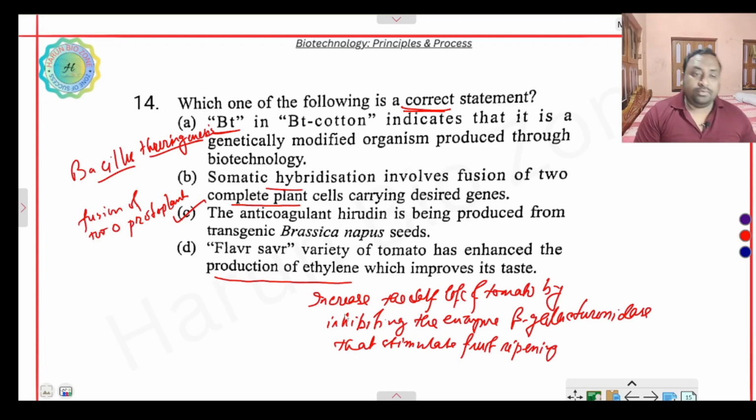So the correct option is Brassica napus produces the hirudin gene, an anticoagulant. Next question.